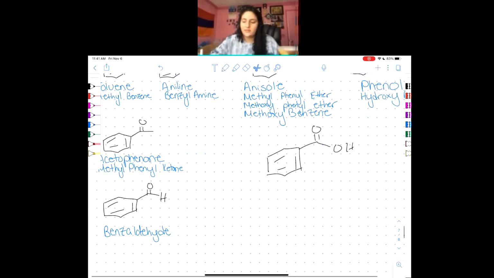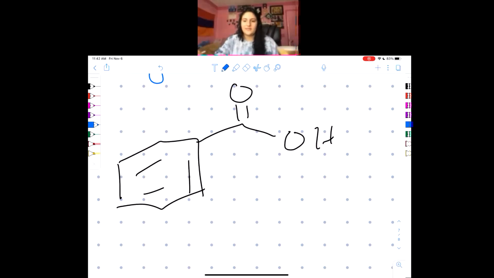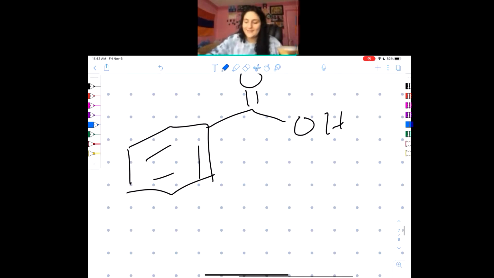The last one we're going to go over is the carboxylic acid. And so do you guys want to take a guess at either the common name or the official name? Yes, so this is going to be called benzoic acid.